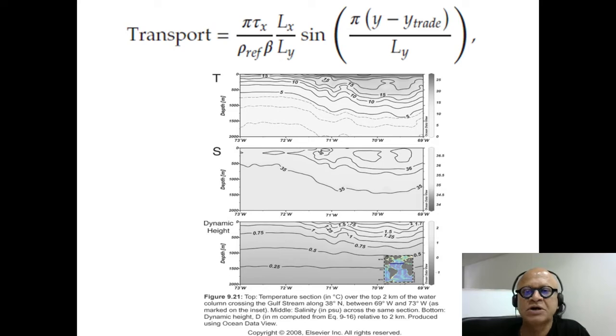transport of about 44 Sverdrups, and you can do the same thing for the Gulf Stream section here, going from east to west.